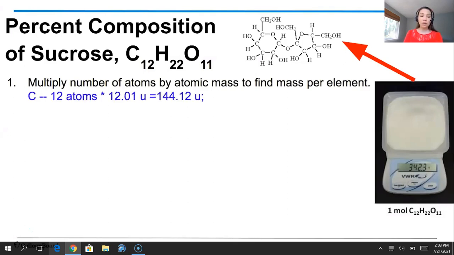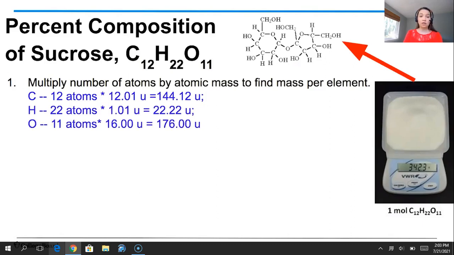So taking carbon, there's 12 atoms of carbon from the subscript in the chemical formula. I find the atomic mass of carbon on my periodic table, 12.01 AMUs, and I multiply to find the total mass of carbon per molecule of sucrose. I can follow the same process for hydrogen and for oxygen.